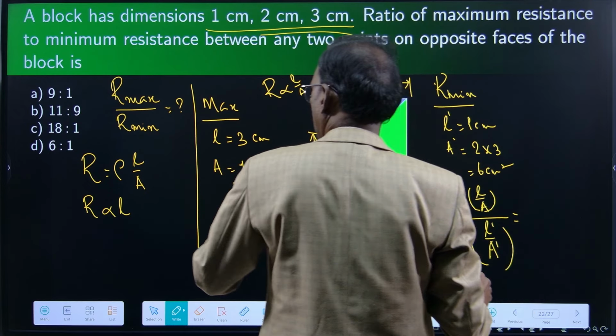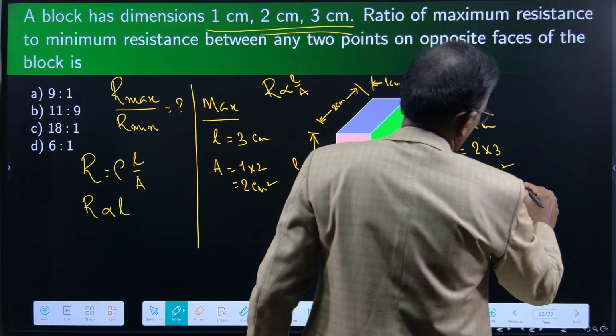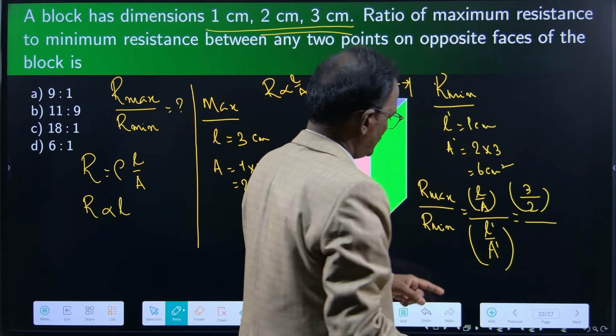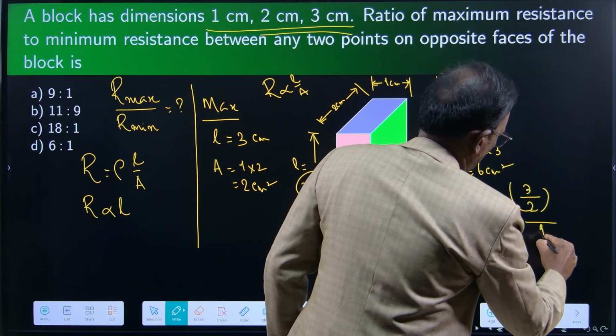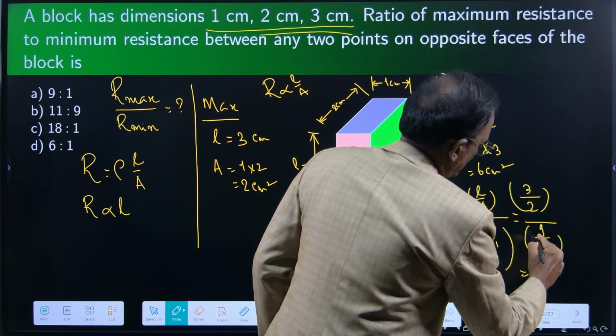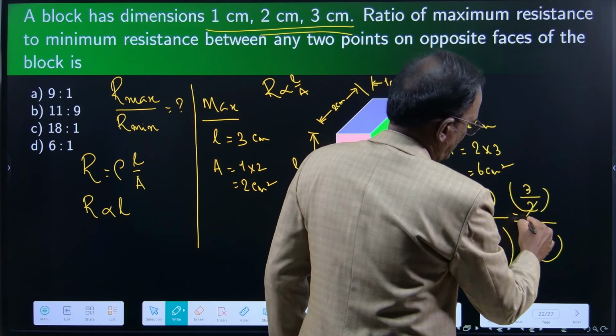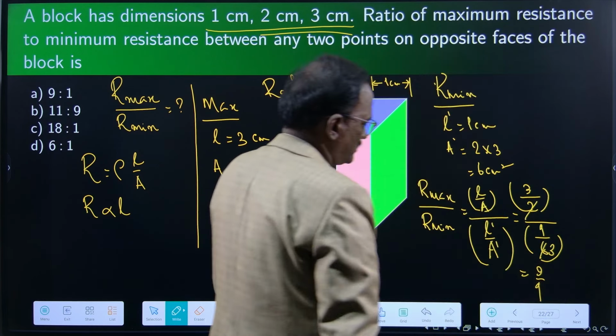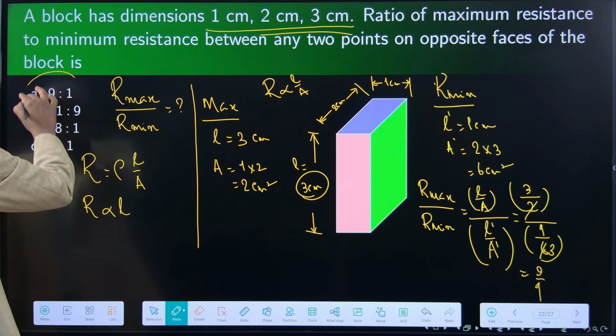So L by A, L is 3 divided by 2. Then here L dash is 1 divided by A dash is 6. This can be made as 3 into 3, 9, 9 by 1. The answer is 9:1. Option A is correct.